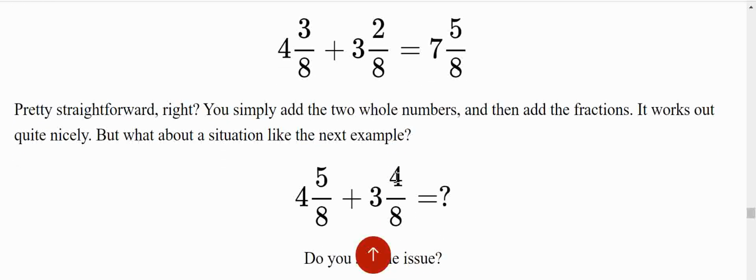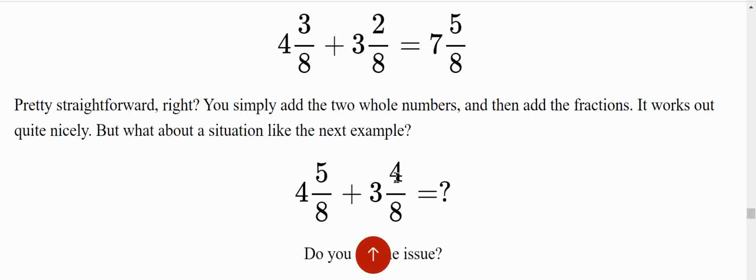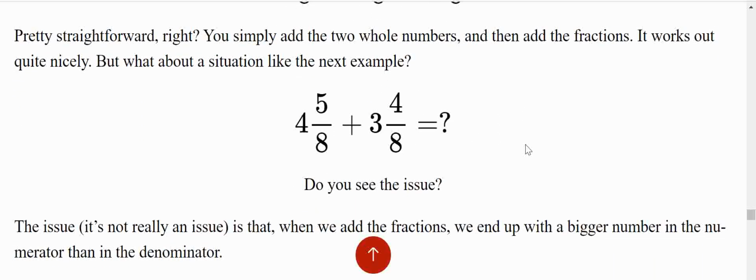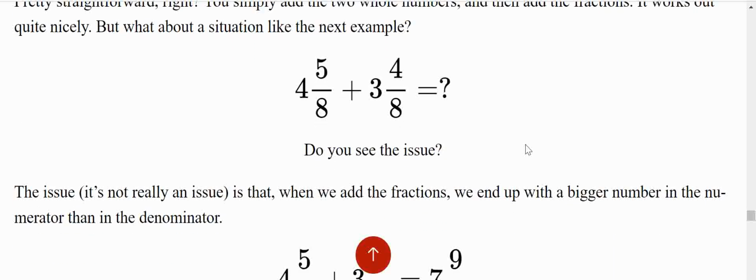Pretty straightforward, right? You simply add the two whole numbers and then add the fractions. It works out quite nicely. But what about a situation like the next example? Do you see the issue?